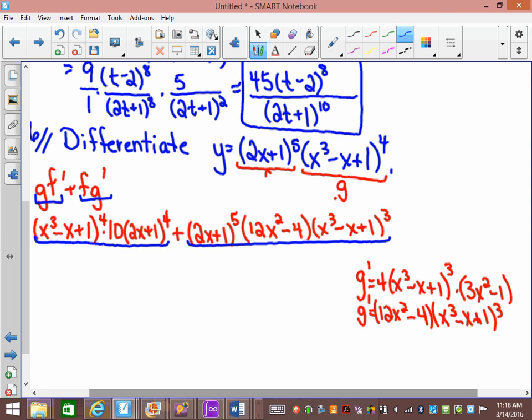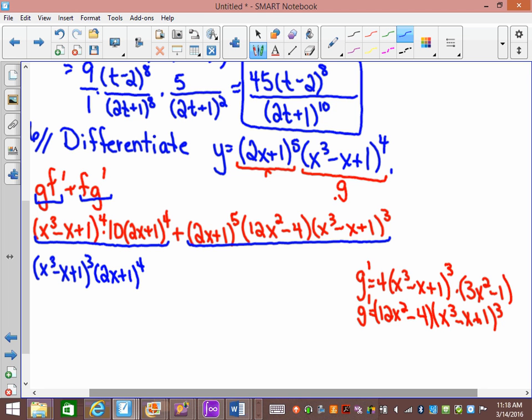So we can only take out what we have in both. So we have an x cubed minus x plus 1 to the 3 in both. Then this one has a 2x plus 1 to the 4, and this one has a 2x plus 1 to the 5. So I can take out a 2x plus 1 to the 4 out of both.